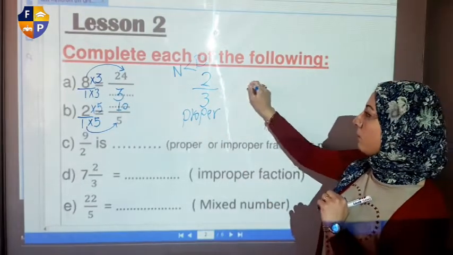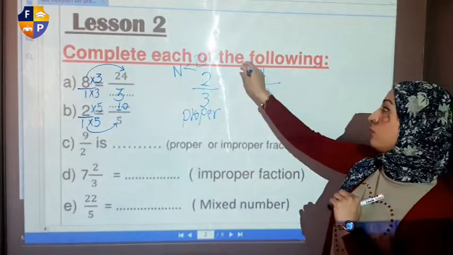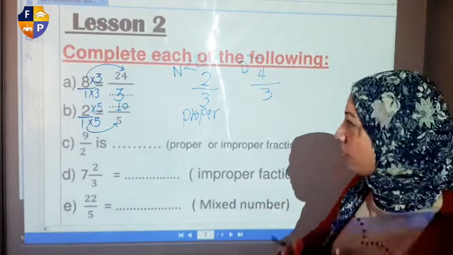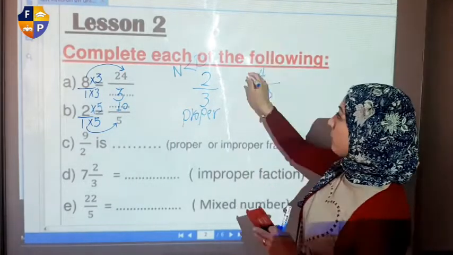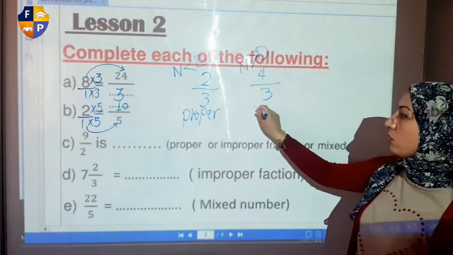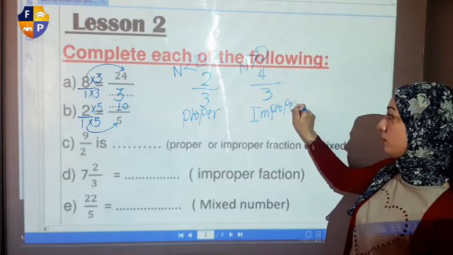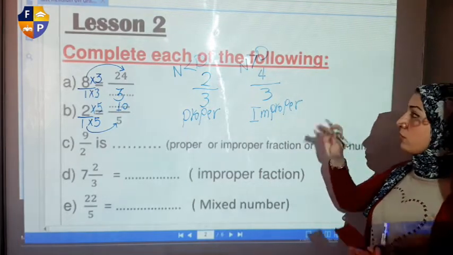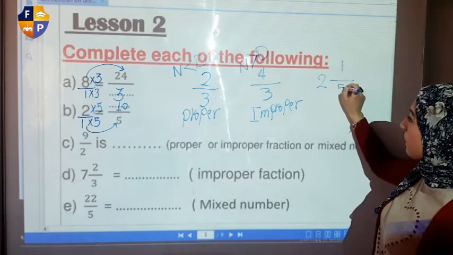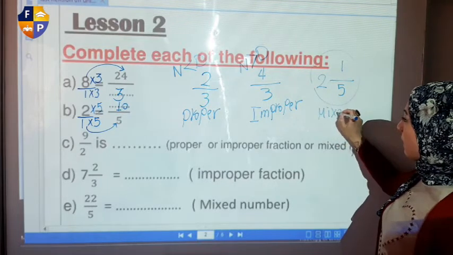But if you have 4 over 3, here the numerator is greater than the denominator. So this fraction is called an improper fraction. But if you have a mix of a whole number like this and a proper fraction like this, it's called a mixed number.